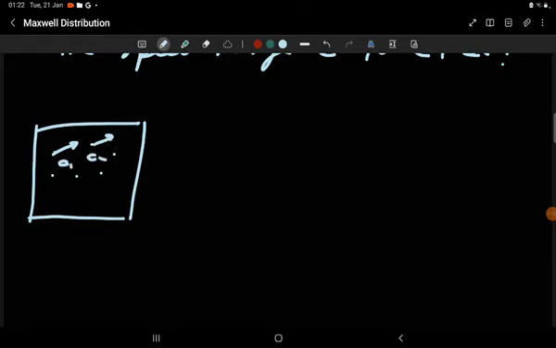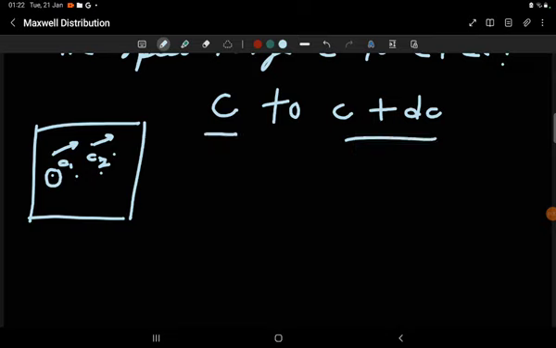What the Maxwell distribution deals with is one particular speed c, and it is asking what is the probability that if we pick any random molecule from here, it will have a speed in the range c to c plus dc. This dc is nothing but the range of speeds, an infinitesimal quantity, right?